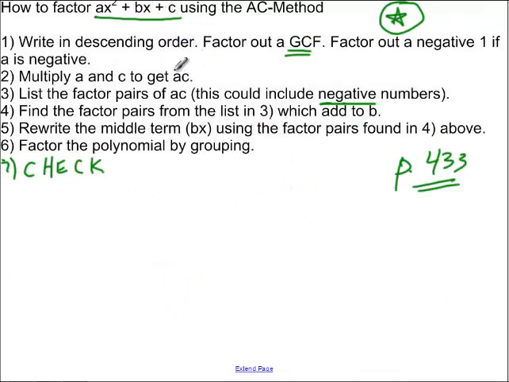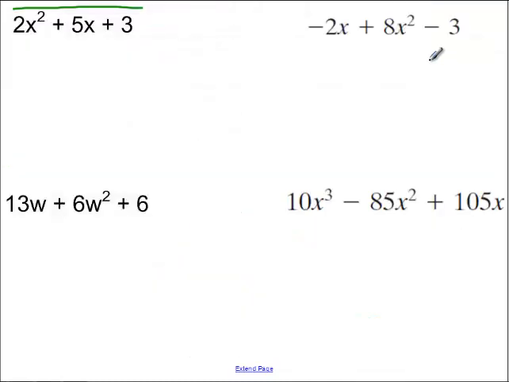Make your life easy, multiply A and C, list the factor pairs, find which factor pair adds up to B, rewrite the middle term, factor by grouping, and check. So that said, pause the video and write down those steps in your shorthand for your notes, and then come over here, pause the video as you need, and do the work yourself, and see what you come up with for factorization.